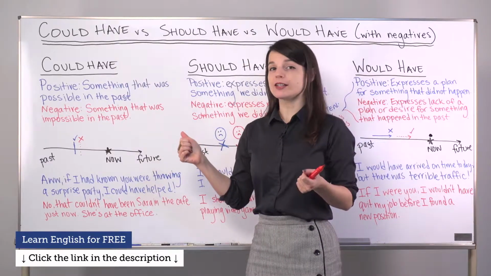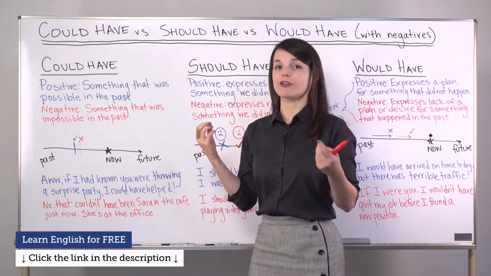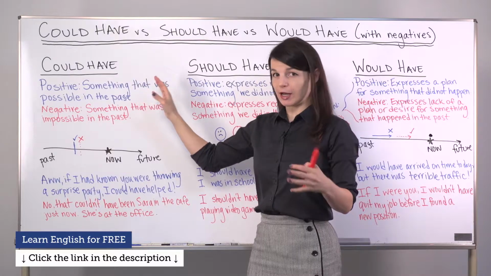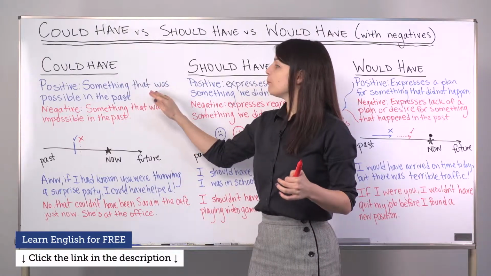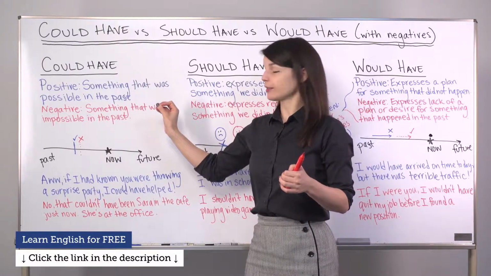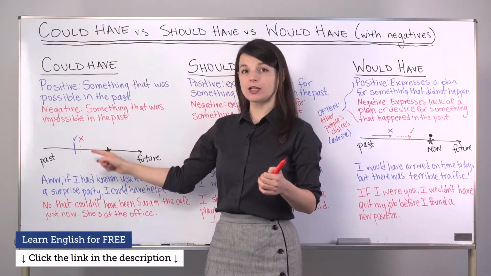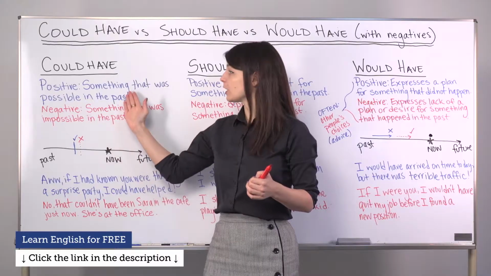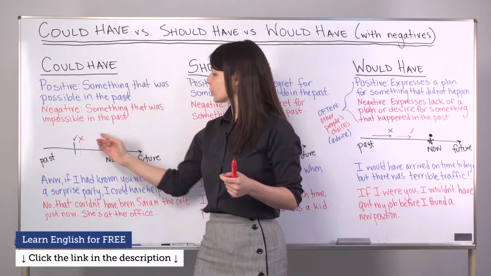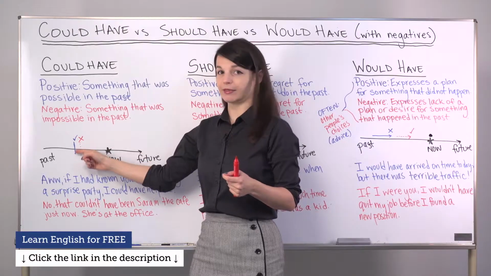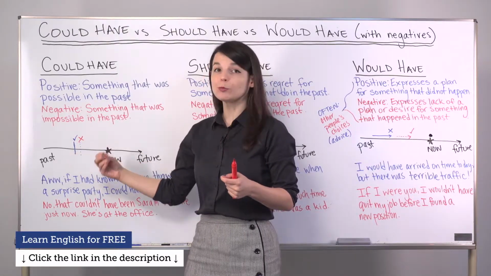Let's look at the positive and the negative meanings of could have. First, positive. We use could have, positive, for something that was possible in the past. So if our conversation is happening now, when we use could have, we're talking about something that had possibility in the past, something we were able to do.